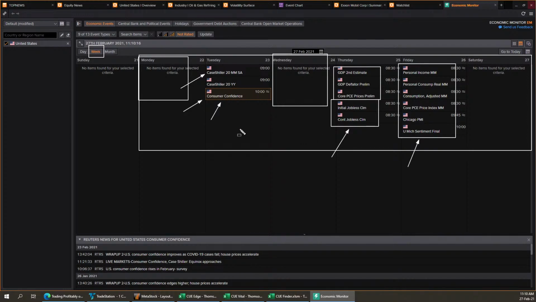If you are following this approach of studying the events during the weekend, what you will see is that when there is no event on Monday, Monday tends to be directionless. Not guaranteed, but it is more likely it will be directionless. And usually for the USA market, Mondays do not have so many events.